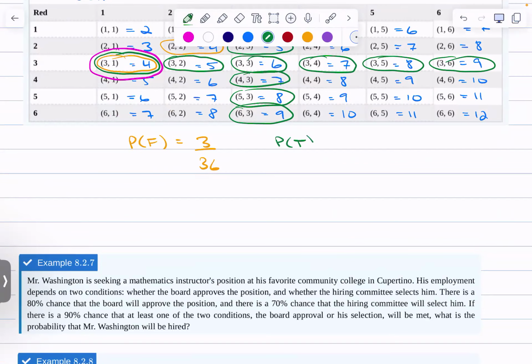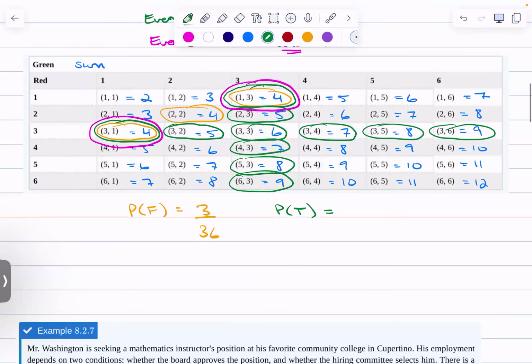The probability of T is how many green circles I have divided by 36, which is going to be 1, 2, 3, 4, 5, 6, 7, 8, 9, 10, 11. Making sure you don't count the 3, 3 twice, right? Because it's overlapping.